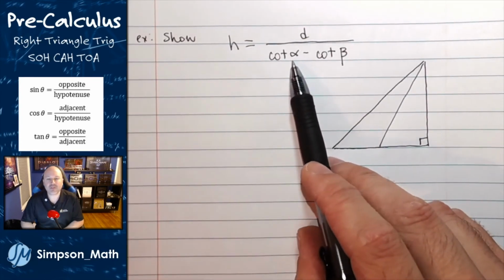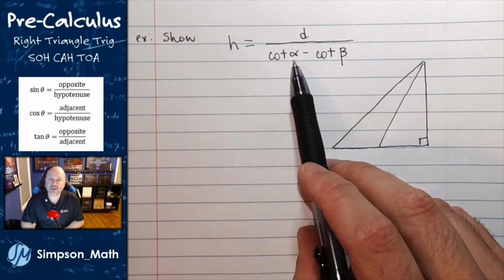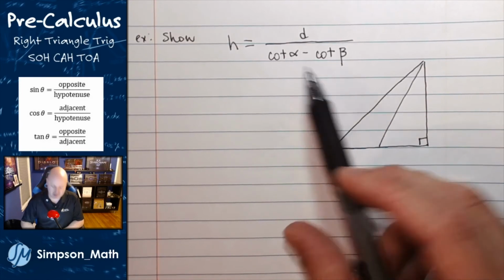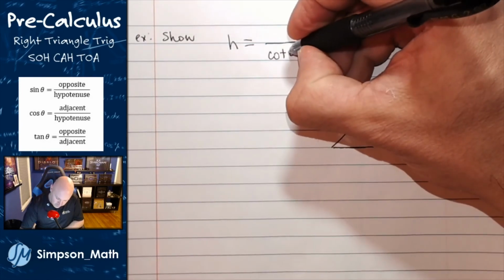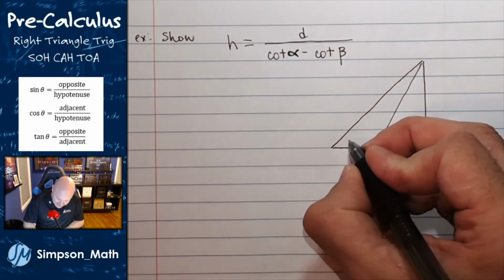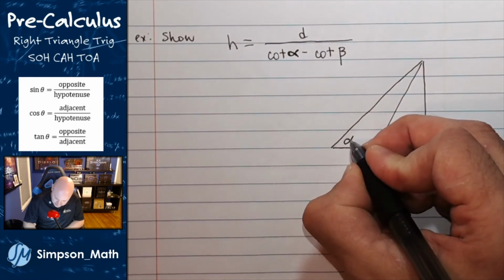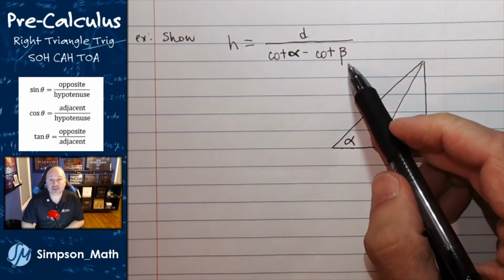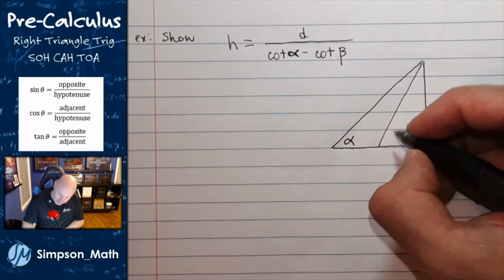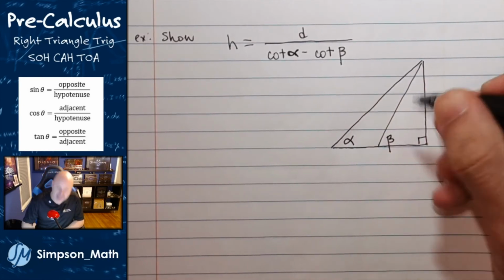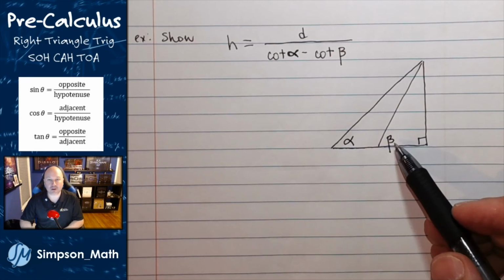This first letter, that's the Greek letter alpha, the first letter of the Greek alphabet. That's alpha, and that is this angle right here. This fancy looking B is beta, and that represents this angle here.